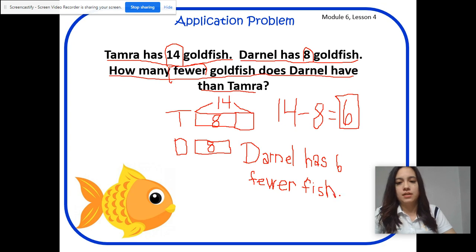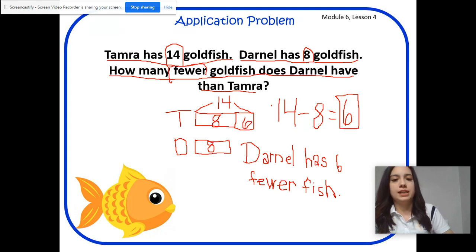And then we cannot forget to put our missing part in the tape diagram, 6.